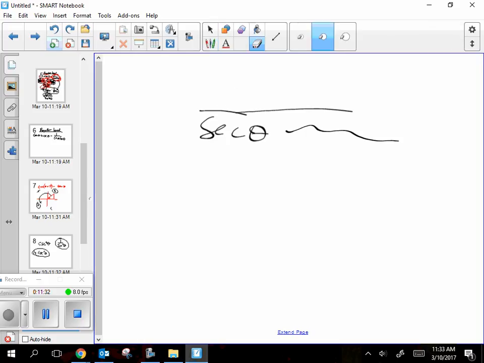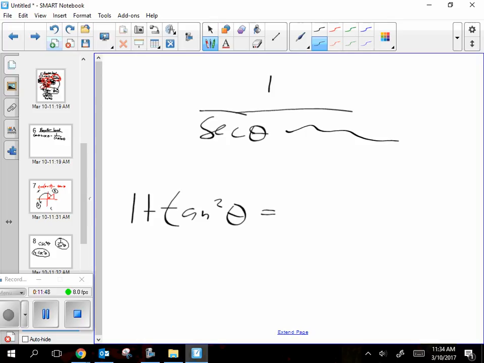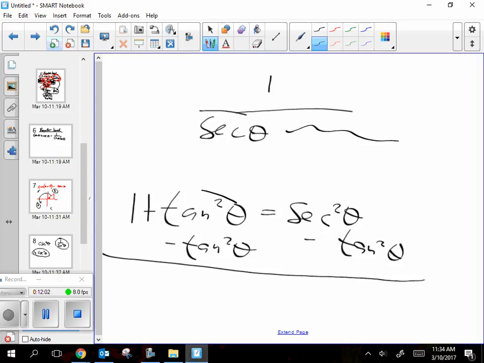What's a fact about 1 that also has a secant in it? How about this? I'll just write the one that's on your sheet, actually. 1 plus tan squared is what we seek, right? And then, can I rearrange it so it's just got 1? So I subtract tan squared. And then 1 is that. So maybe I should put that here.